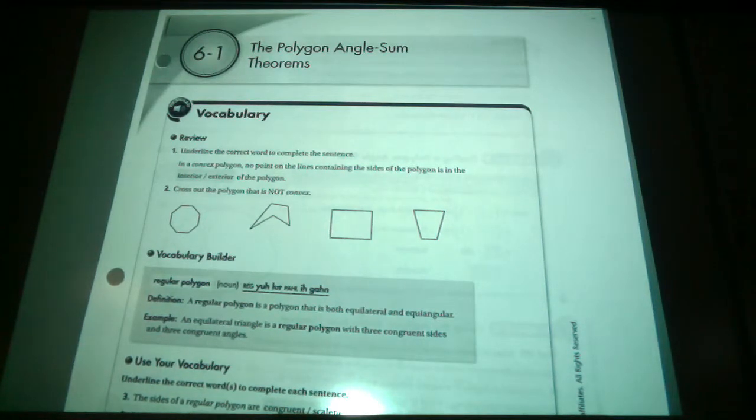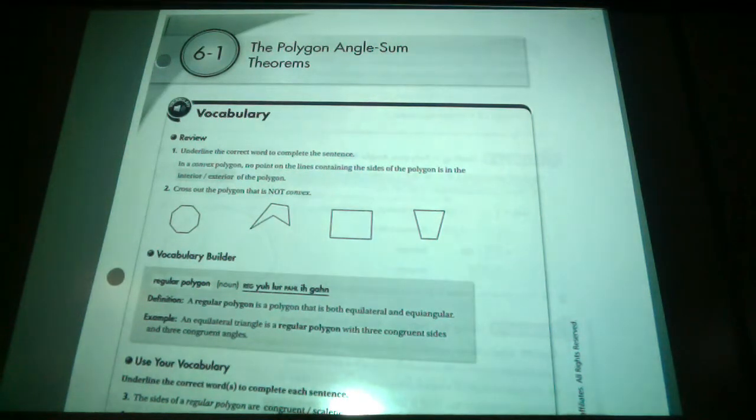All right, so this would imply that we have to remember the definition of a convex polygon. There's a difference between a concave polygon and a convex polygon. What does a convex polygon do? There's at least one vertex that dips into the interior of the polygon, whereas, I said that totally backwards.